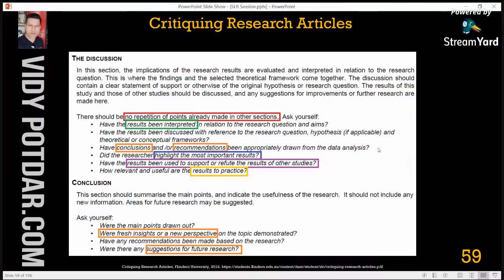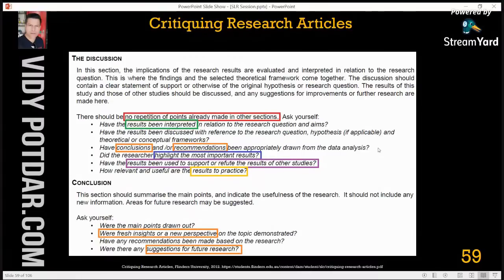Once you have crossed the hurdle of abstract and introduction, and you have caught the attention of the reviewer, the next thing would be to make sure that the actual synthesis of research is equally thorough, and follow these questions to help you write that.